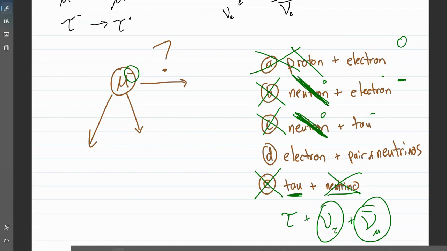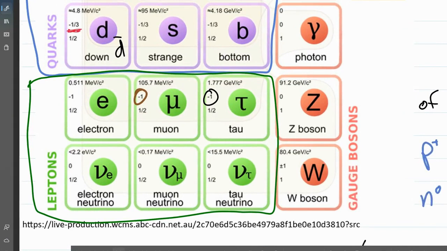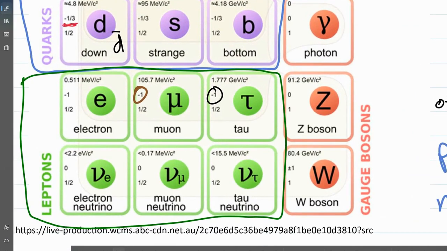The other thing we can look at would be over here. A muon, you can see its mass up here, 105 mega electron volts per c squared. It's weird, but it's a unit of mass when we're talking about particles, and we'll get more practice with it.